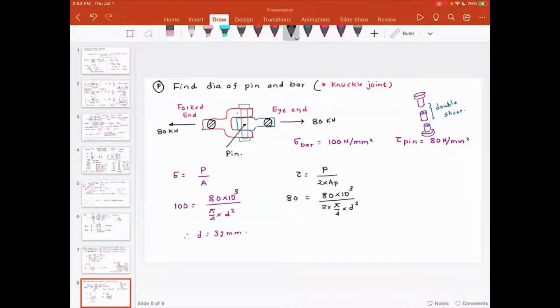And when you work out, the diameter of the pin is going to be 26 millimeter. So please work out these numbers and tell me if these answers make sense.